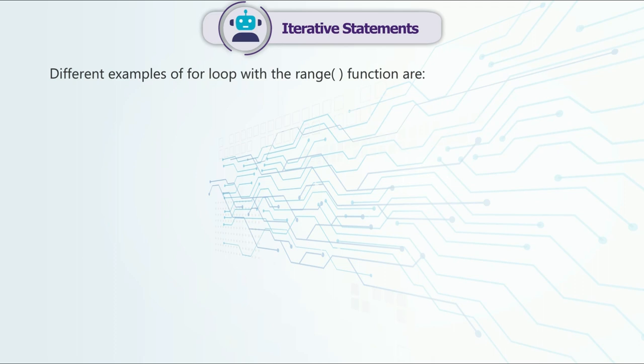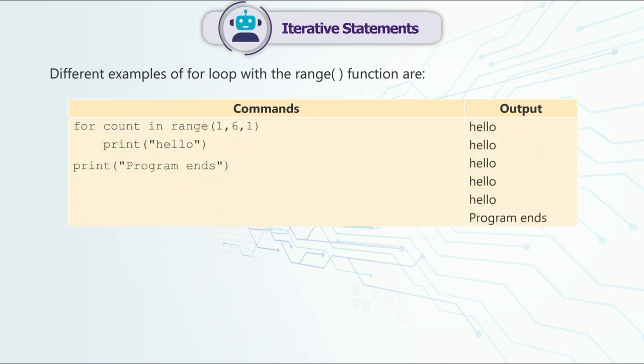Different examples of for loop with a range function are commands and output. For count in range(1, 6, 1): print hello; print program ends. Output: hello, hello, hello, hello, hello, program ends.